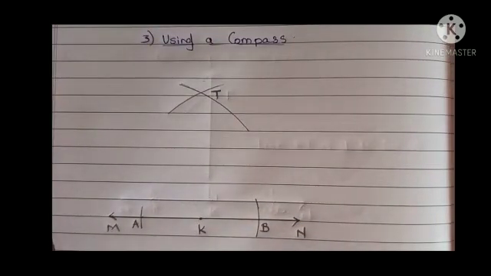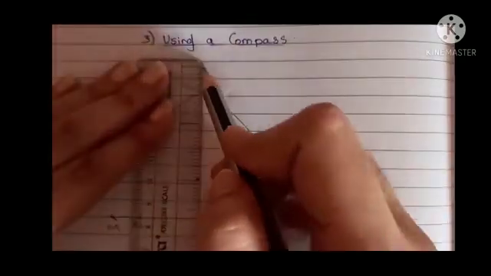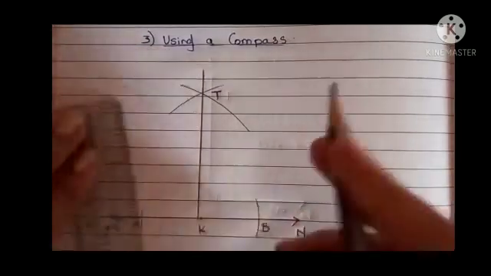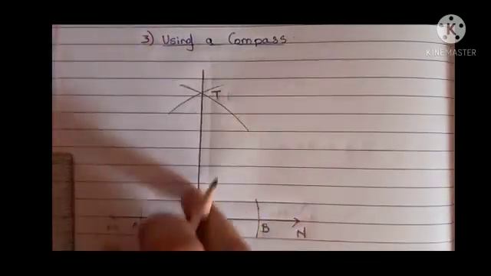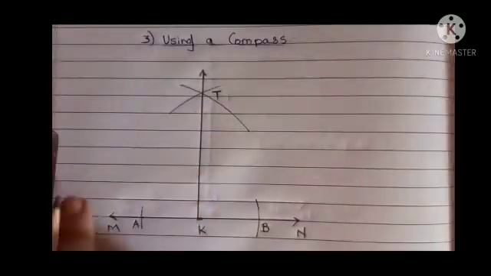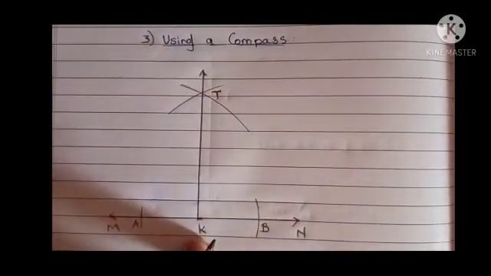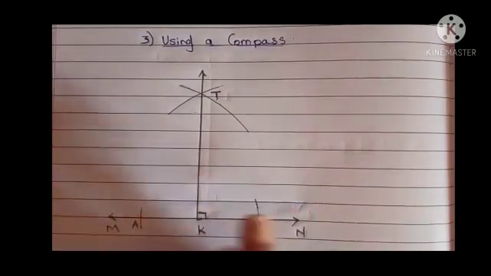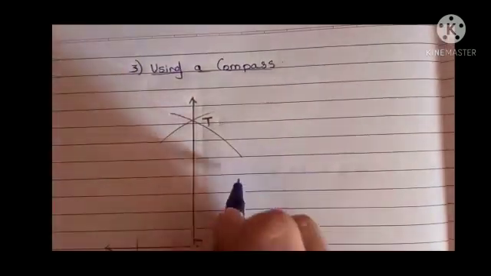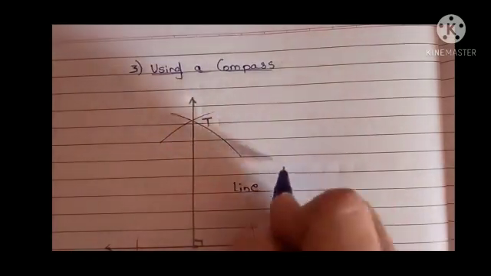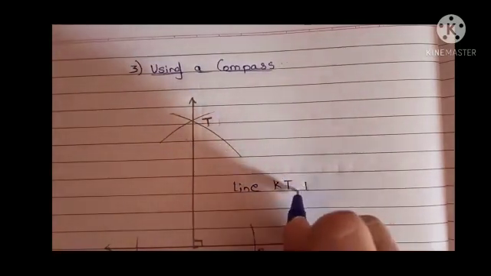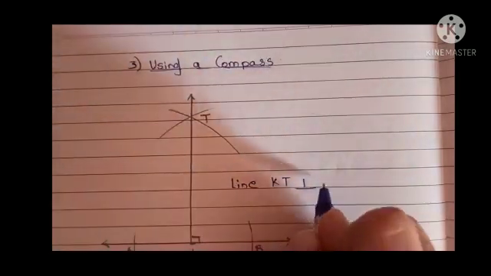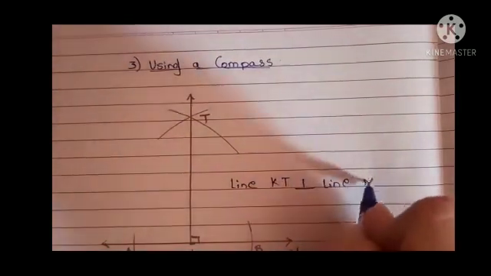Lastly, draw a line passing through point K and T. So we can see that line KT is perpendicular to line MN, and we can write it as line KT perpendicular, shown by this inverted T sign, to line MN.